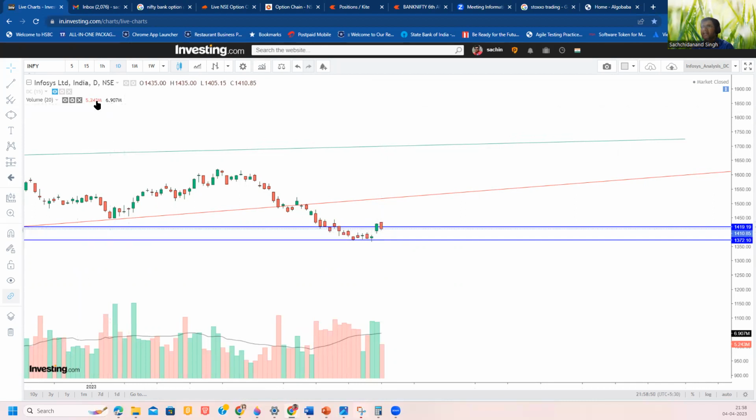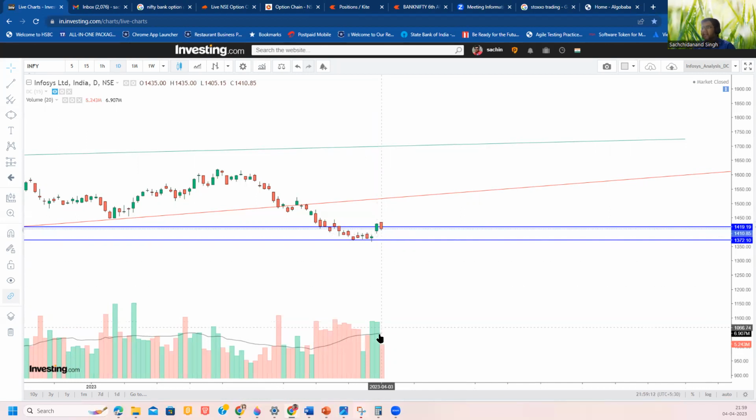If I put my mouse on yesterday's candle, in red you can see 5.243 M. That means 5.243 million shares were purchased or sold as on 3rd of April 2023.